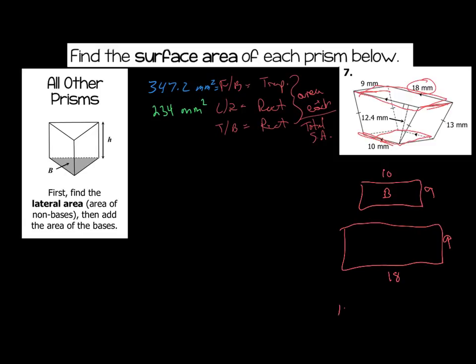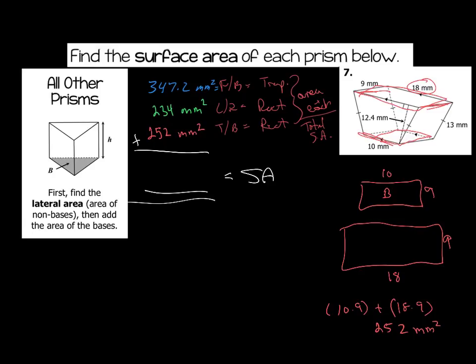So we're going to have a 10 by 9 and an 18 by 9. So although there's 2 of them, I can't just simply multiply that times 2. When you multiply those and add them together, you should get 252 square millimeters. Now, for the total surface area, add all that up, and get yourself a final answer.